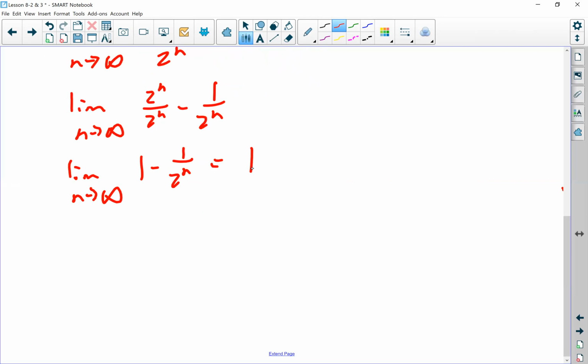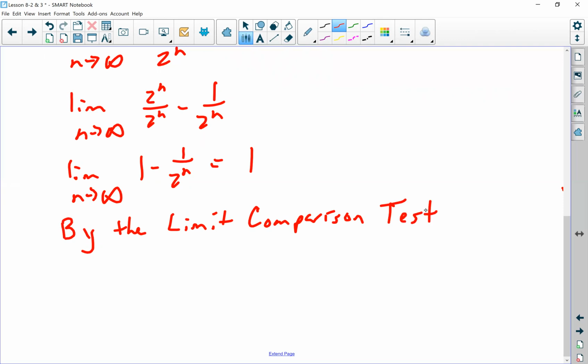So that gives me a 1, which is a constant that is greater than 0. So by the limit comparison test, the series n goes from 1 to infinity of 1 over 2 to the n minus 1 is convergent.